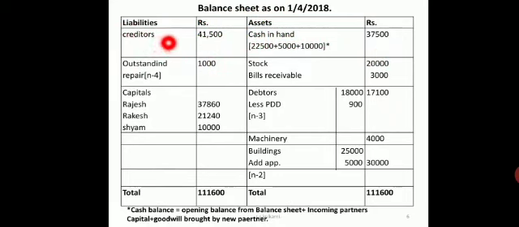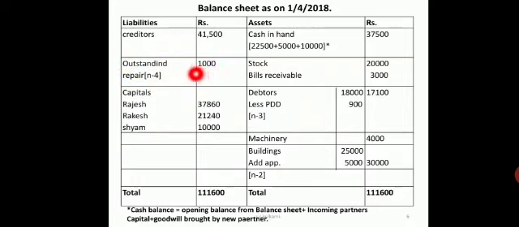Now take the liabilities from the balance sheet. We are having creditors which is not at all having any adjustment, so write the same amount of balance sheet. Creditors 41,500. Next, we are having in the revaluation account outstanding for repairs, that is note 4 or adjustment 4.